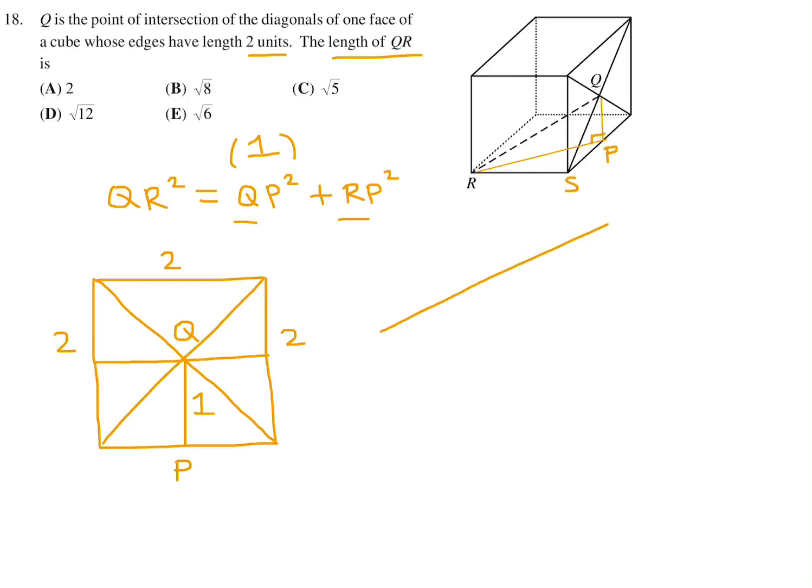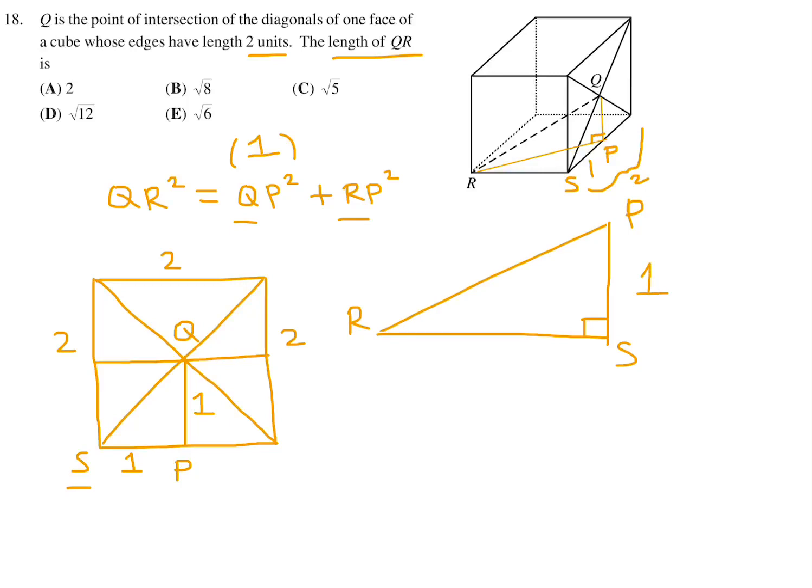Well, RP I'll draw out like that. And this is R, this is P, and this is S. Well, PS is just 1 because the full side is 2 and P cuts that full side in half. P is here, S is here, so this is 1. So that's good. PS is just 1.